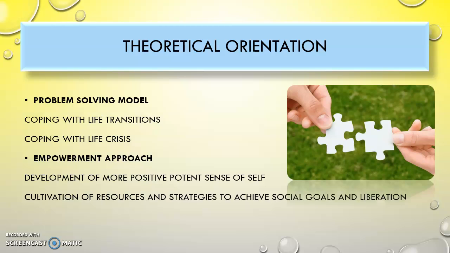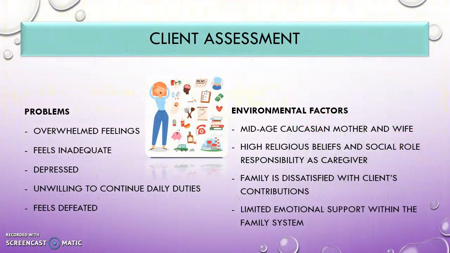The empowerment approach can be used for development of a more positive, potent sense of self or self-awareness, cultivation of resources and strategies to achieve social goals and liberation. So they both can be applied to this particular case comprehensively.